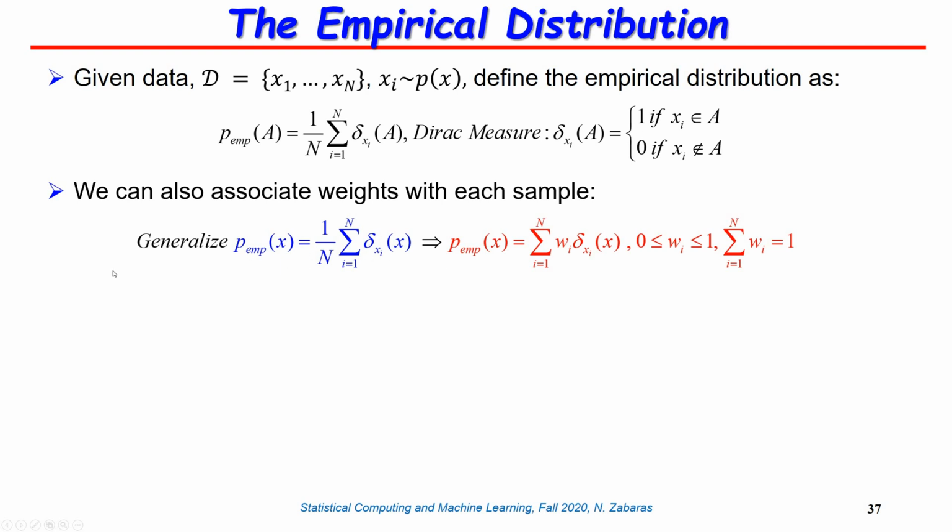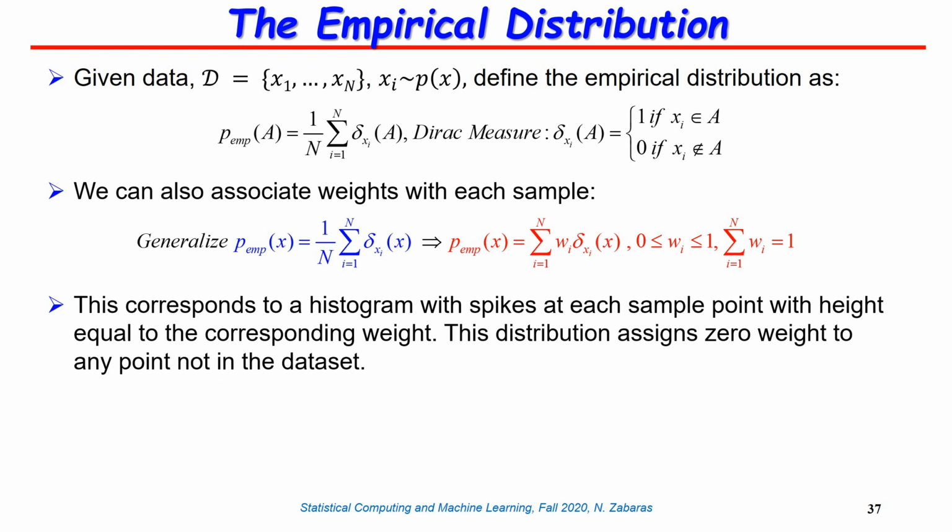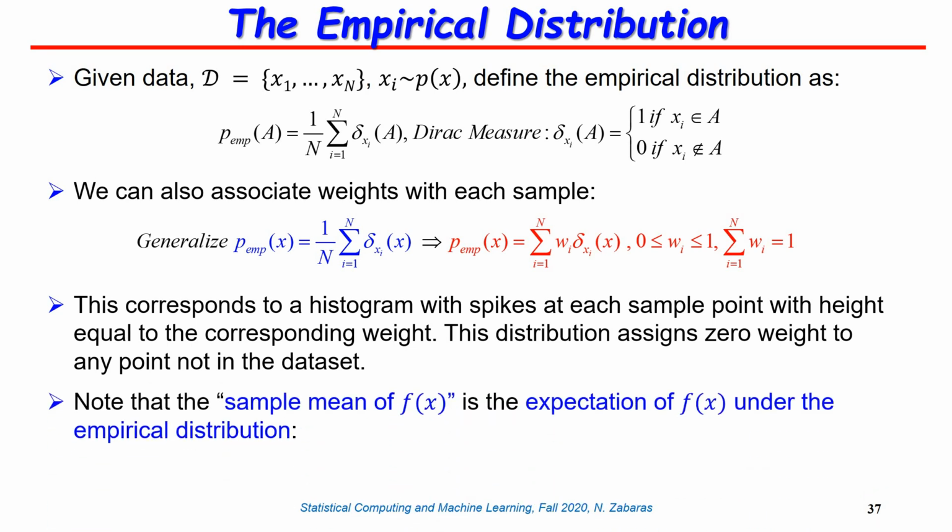I said that maybe it can be used to approximate P of x. We don't yet have any measures of what it means to approximate a distribution, so we will see this later in the course.